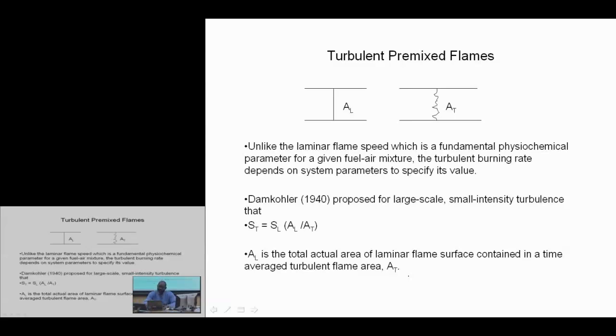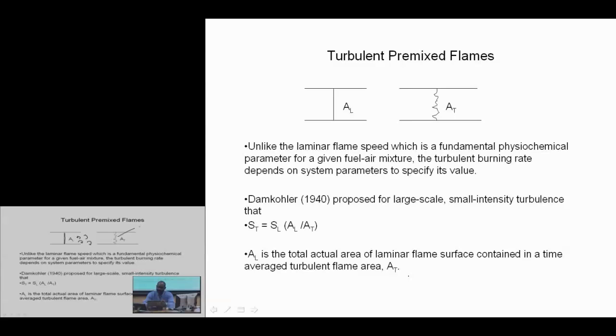Eventually this laminar flame gets distorted because of the flow. We haven't really talked about turbulence, but turbulence is a nonlinear flow mixing process that is going to happen in these fluids. The chaos in the flow, the eddies and the turning in the flow, are going to wrinkle the flame itself.